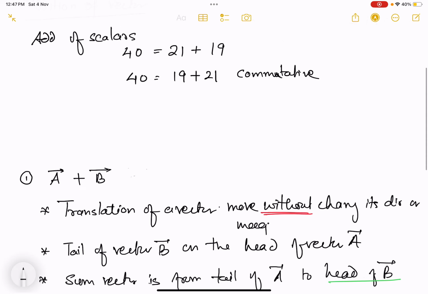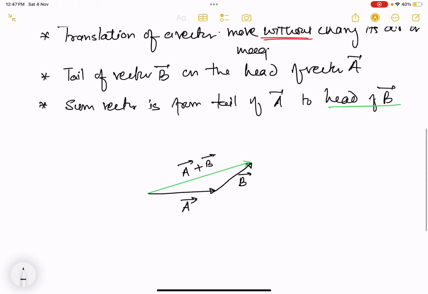Now this is on an iPad, so I can drag. But what will happen if you can't drag? Obviously on paper you can't drag. How do we do it on paper? Very simple.